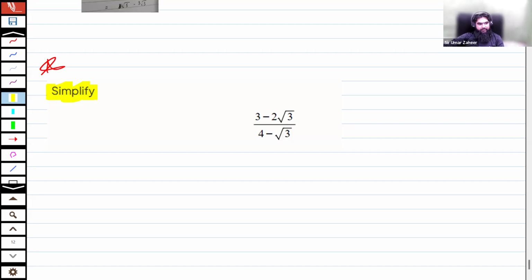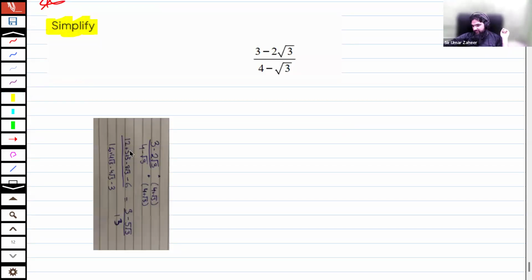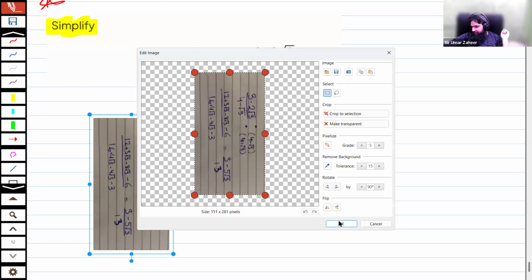All right, I'll see the picture from Mustafa. Mustafa sent the picture, okay? That must be in portrait form.